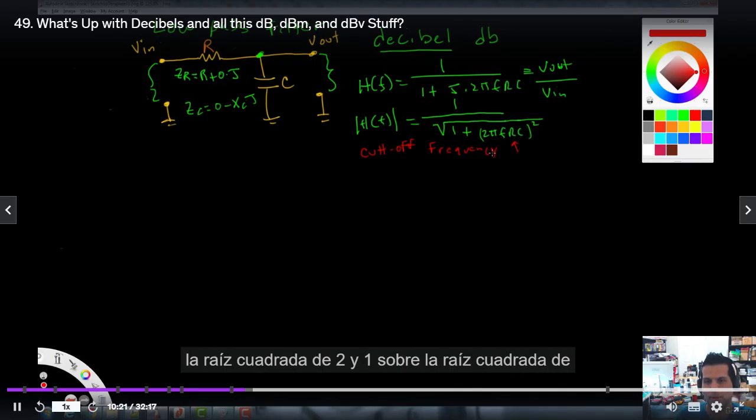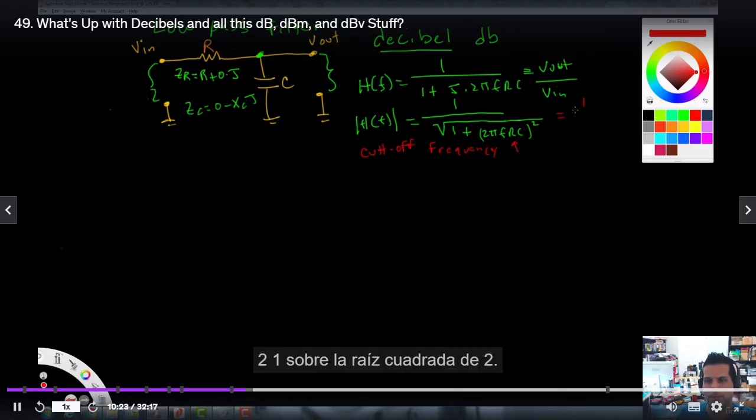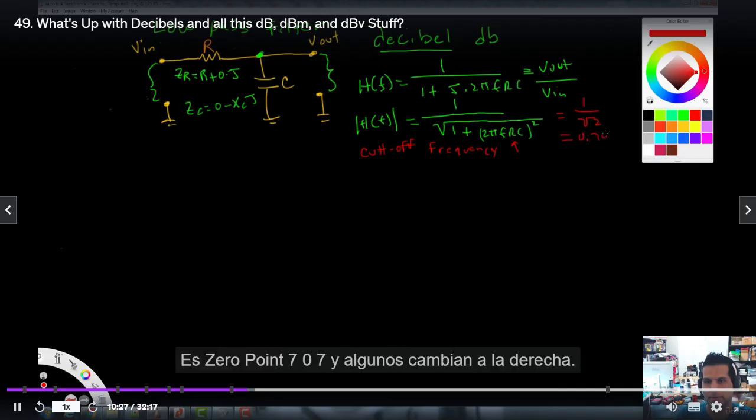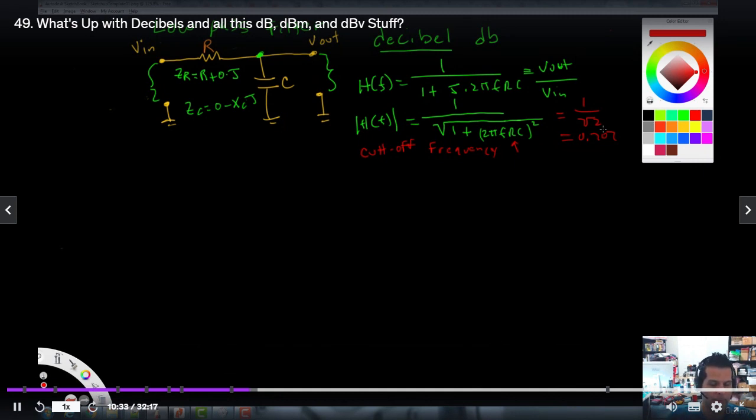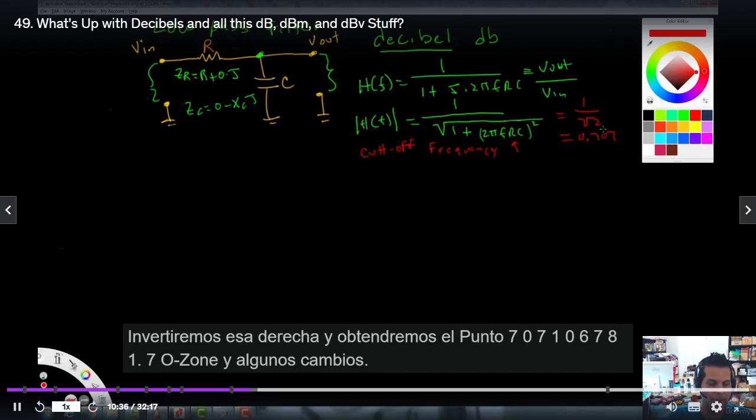Then we get 1 over the square root of 2. Let's just make sure: we take the square root of 2, we invert it, and we get 0.707106781, so 0.707 and some change.